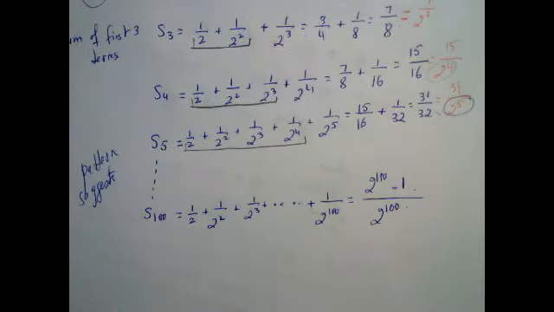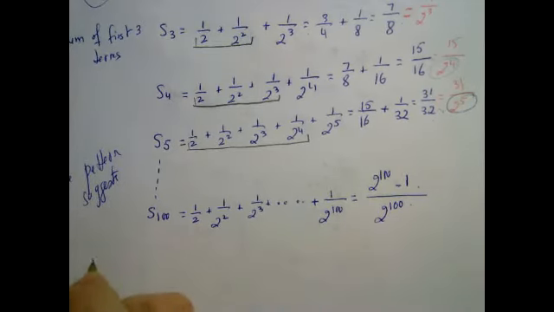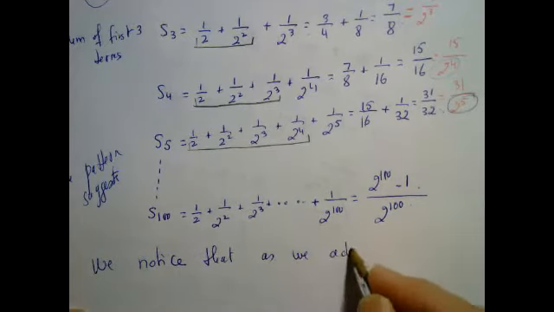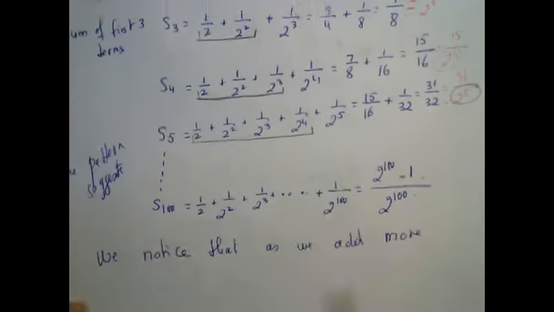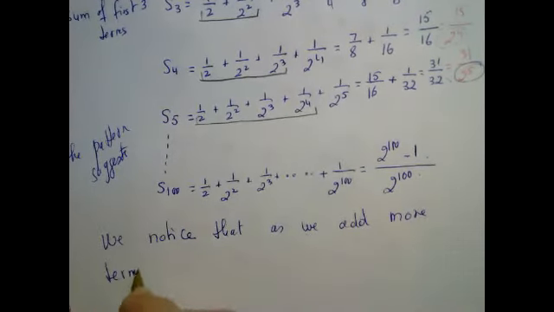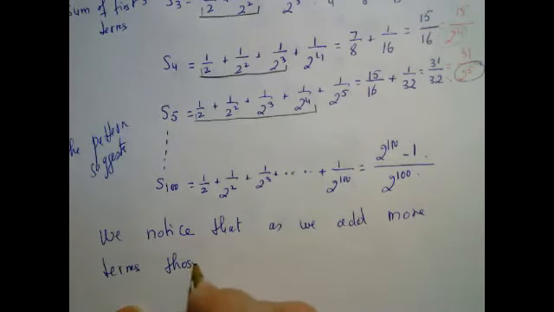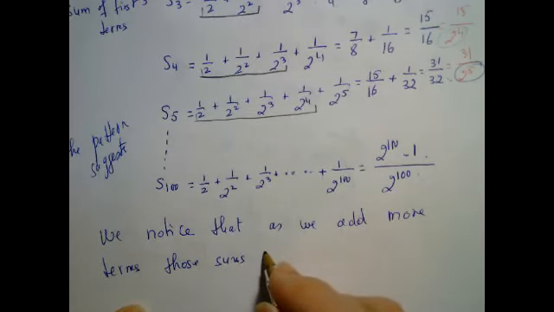But as your classmate just said, what do we notice? What we notice is that as we add more terms, those sums, S1, S2, S3, S4, etc., we're going to give them a special name.